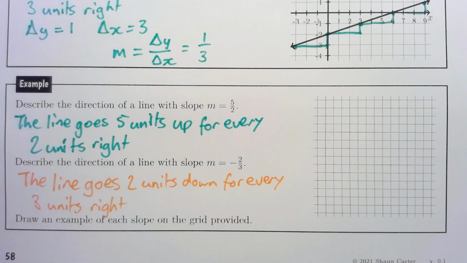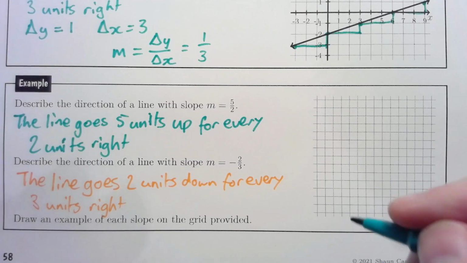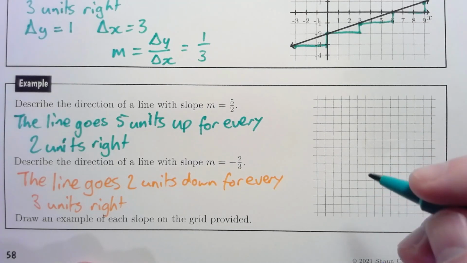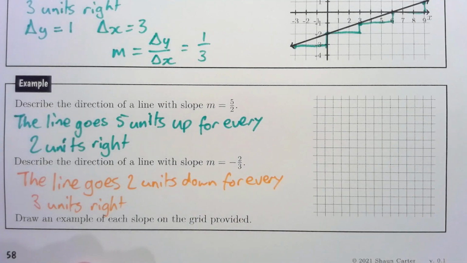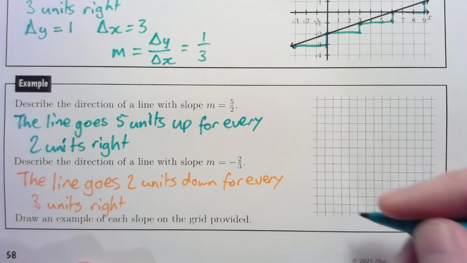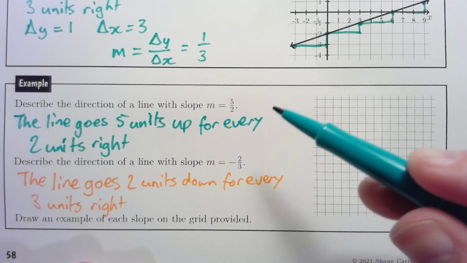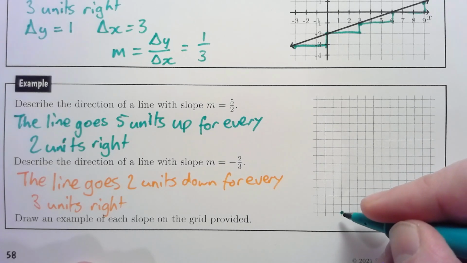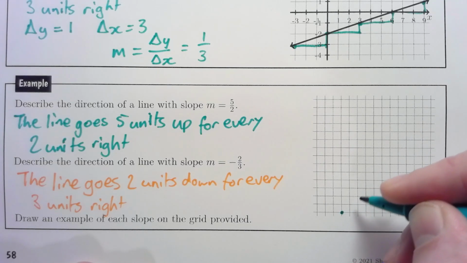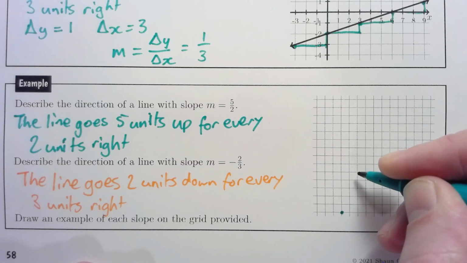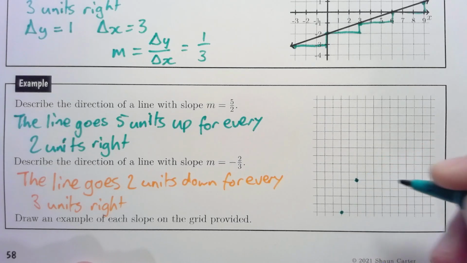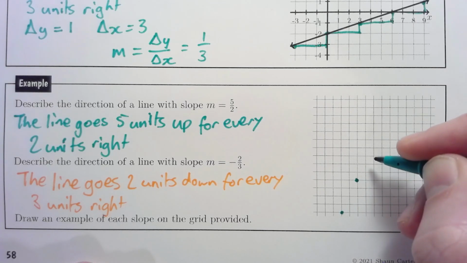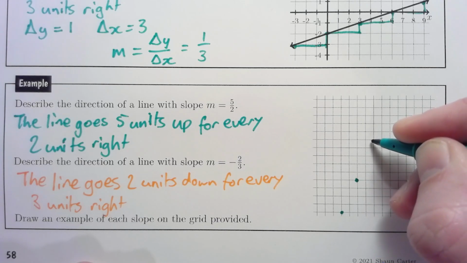So if we're going to draw these, let's draw them on the graph. Now, it doesn't really matter where we start our line because it doesn't say anything about the location of drawing them. It just says draw an example of lines with these slopes. So I'm going to start for my first one, my slope of 5/2, here. So from this point, if I go 2 units across, I need to go 1, 2, 3, 4, 5 units up. Then I go 2 units across and go 1, 2, 3, 4, 5.